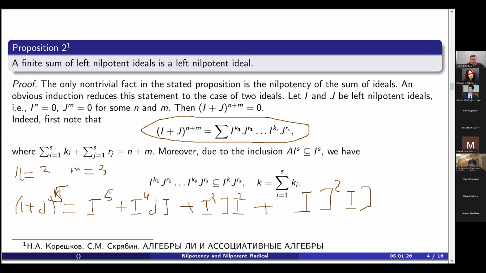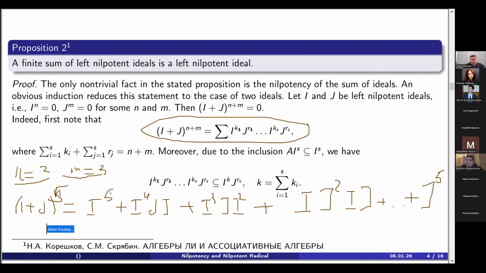So are all of these elements subsets of I? No, not all of them, because in the last one we obtain J to the power 5. But we have that n equal to 2 and m equal to 3. What does it mean?